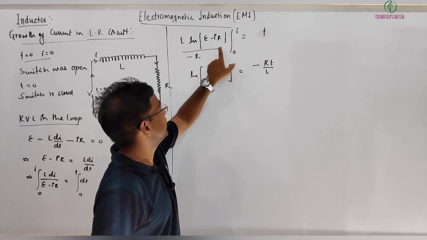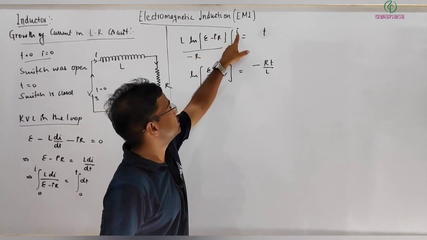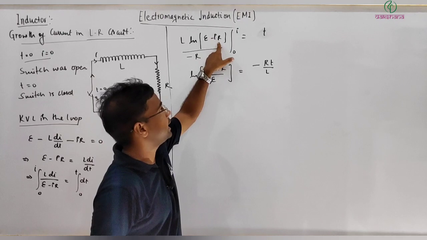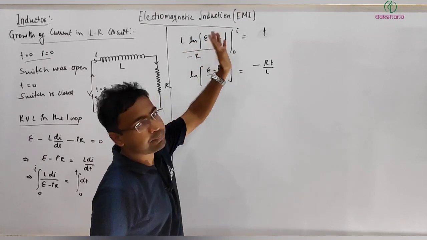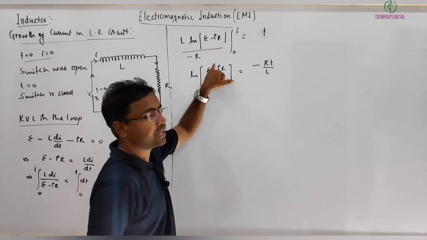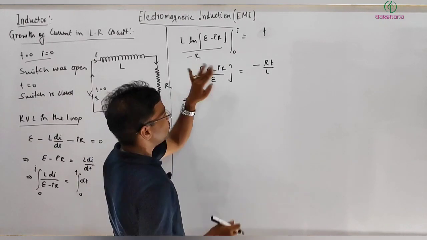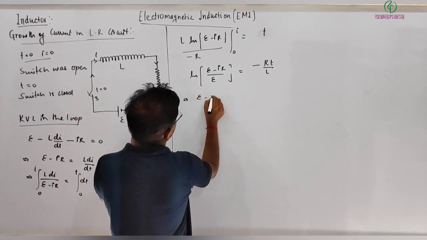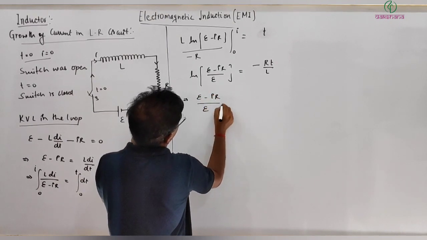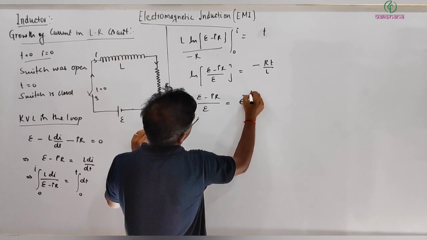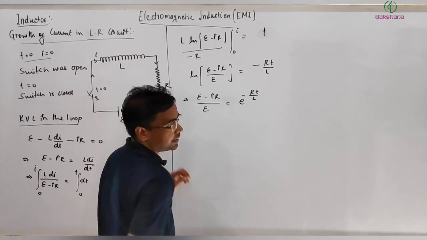Substituting the limit 0 gives ln E, and substituting the limit I gives ln of E minus IR. So it's ln of E minus IR minus ln E, which can be written this way. Removing ln, it comes out to E minus IR divided by E equal to e raised to the power minus RT by L.